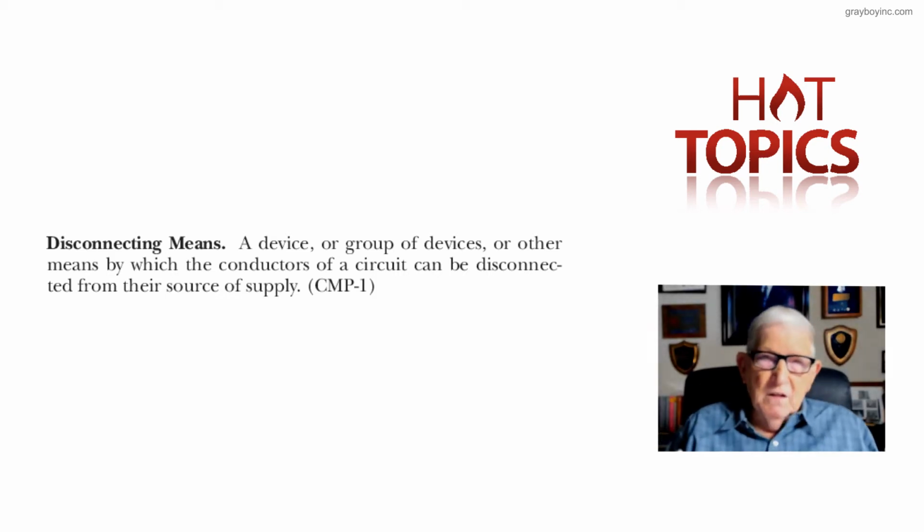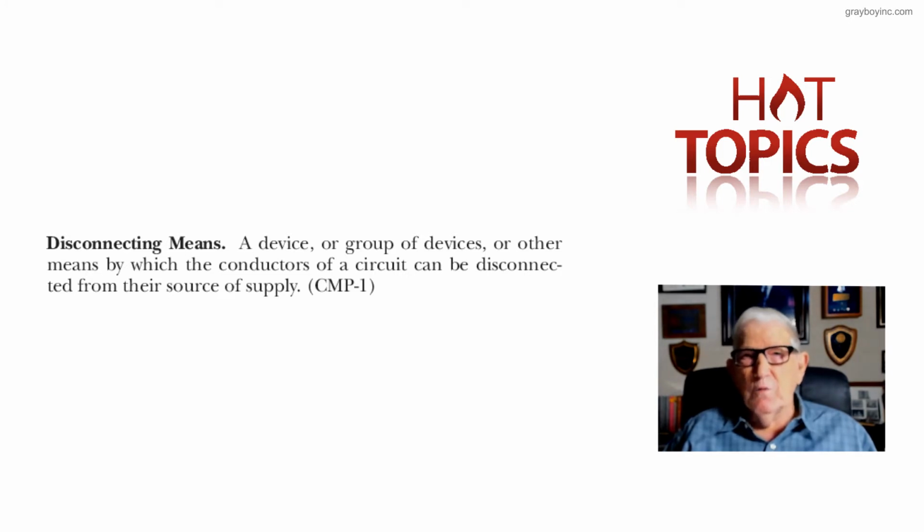On the right-hand side of page 34, we pick up the definition of a disconnect, and it reads, a device or group of devices or other means by which the conductors of a circuit can be disconnected from their source of power or energy.